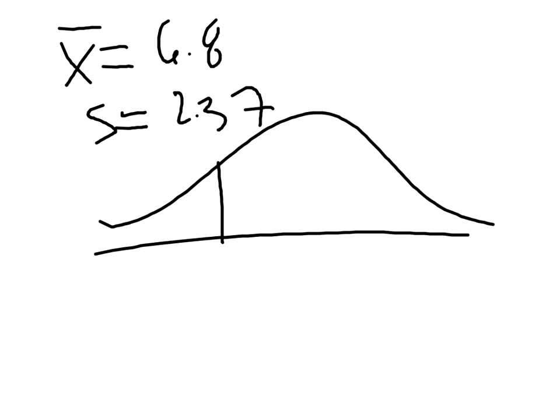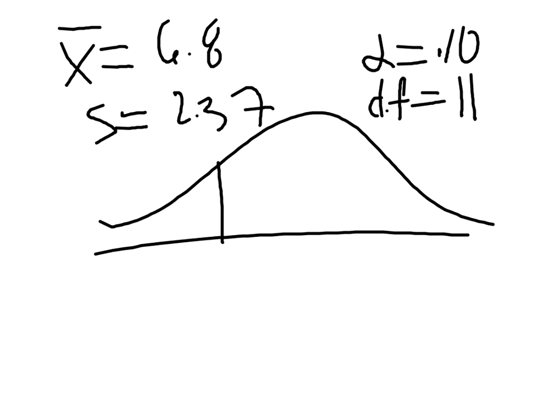We need the cutoff value for alpha equals 0.10 and degrees of freedom n-1, which would be 11. So you'll have to go back into our tables. They're not going to give you a negative value here.